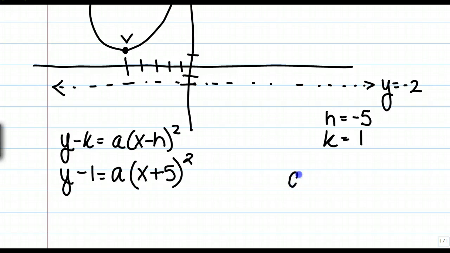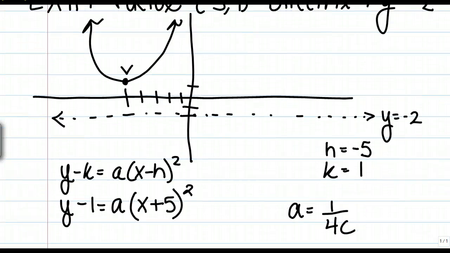So if you remember, we have a equals 1 over 4c. And we know that the distance from your vertex to your directrix is c. So we can figure out what that is. That's a distance of 1, 2, 3. So c equals 3. Which also means if we needed to plot where the focus was, that we are up 1, 2, 3 right here, and this would be our focus point, because remember, from here to here is the same distance from here to here.